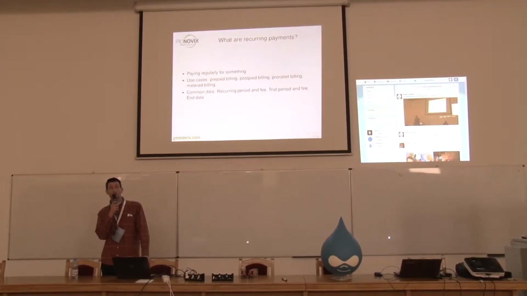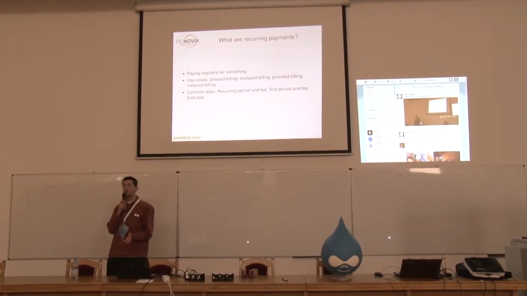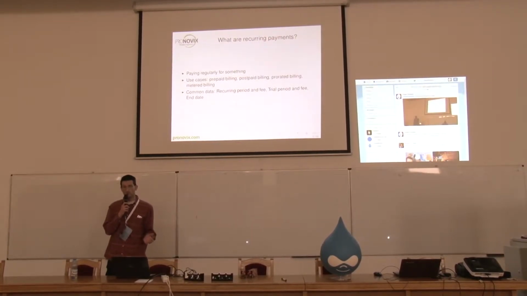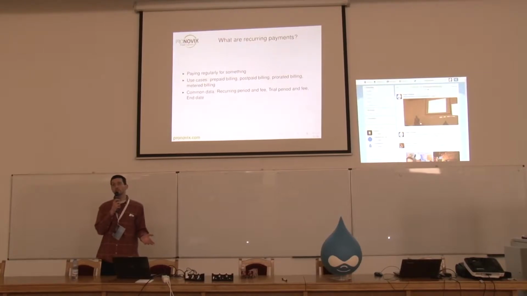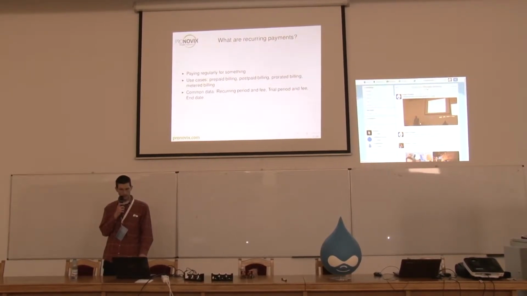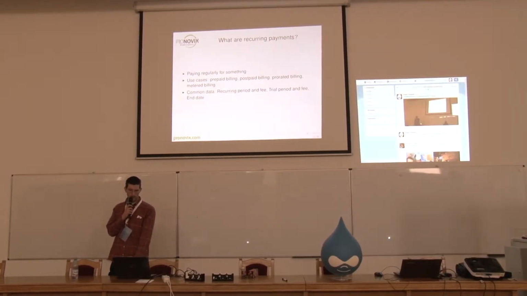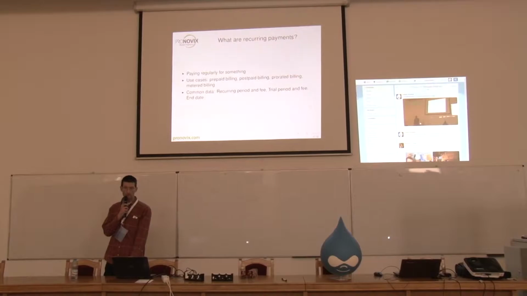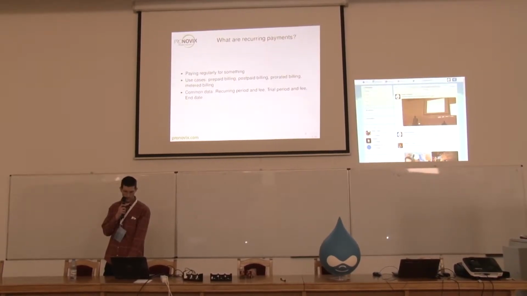There can be a trial period and fee. So if you want to trick the customers to buy the subscription, you might want to say that for the first 10 days it's free, and that's a trial period and fee. And in some cases the recurring payment might expire, so you might want to add an end date.